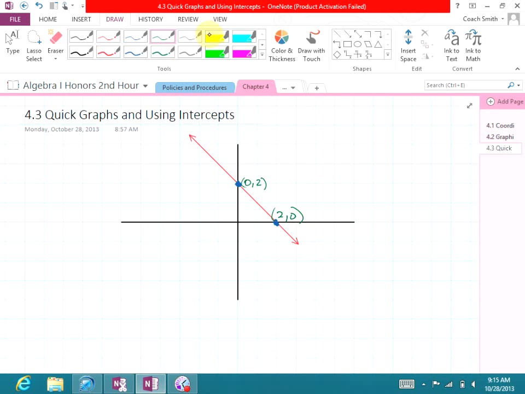We call this point right here the y-intercept. We call this point down here the x-intercept.